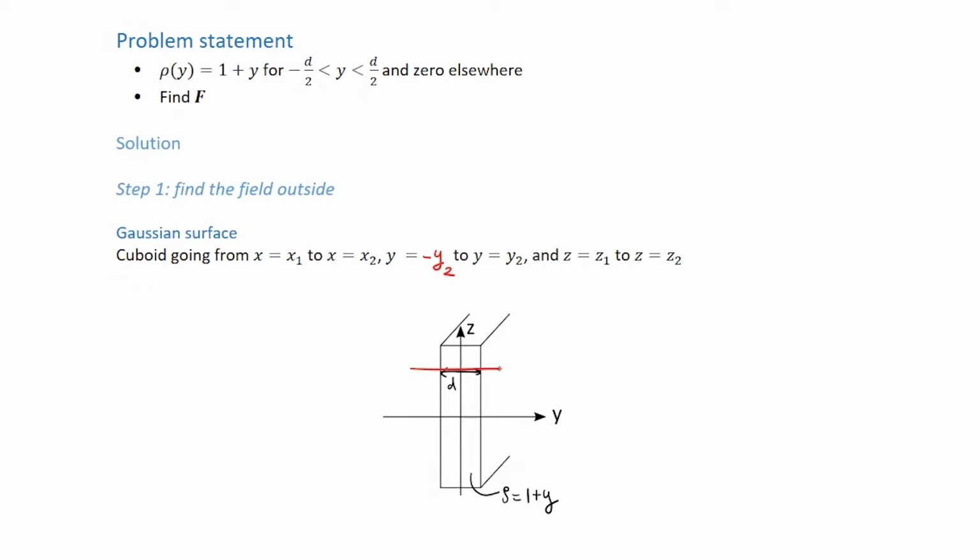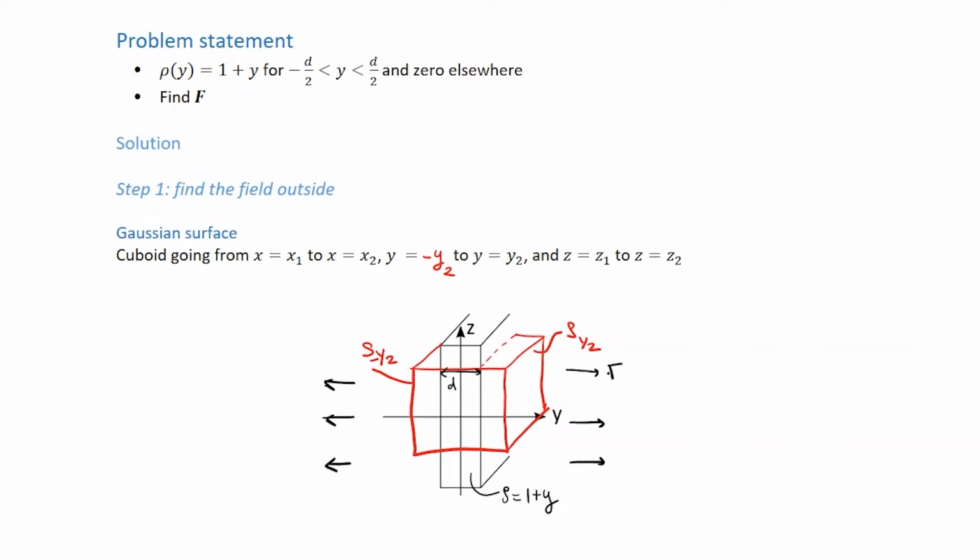So your Gaussian surface is going to look something like this. This would be the S y2, and on this side we have S negative y2. Let's also sketch the field. The field is going to be like this here and like this here. This is the field.